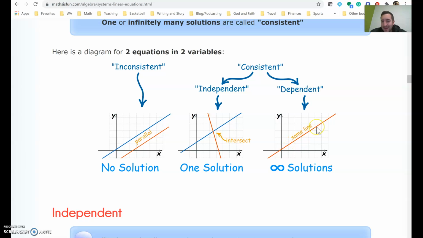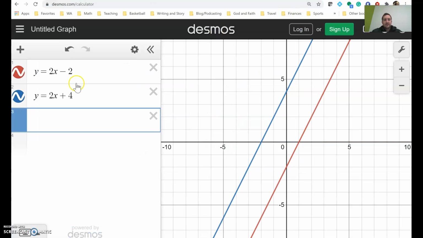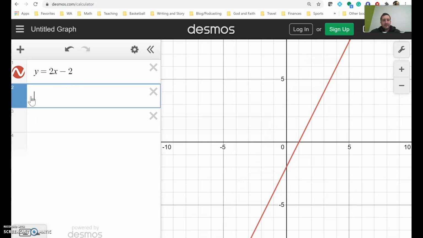What if it's the same line and they're literally on top of one another? That would mean that every single point is shared, which means there are an infinite number of solutions. What's an example of the same line? Let me do this same line but in standard form, what would that be? 4y minus 8x equals negative 4?